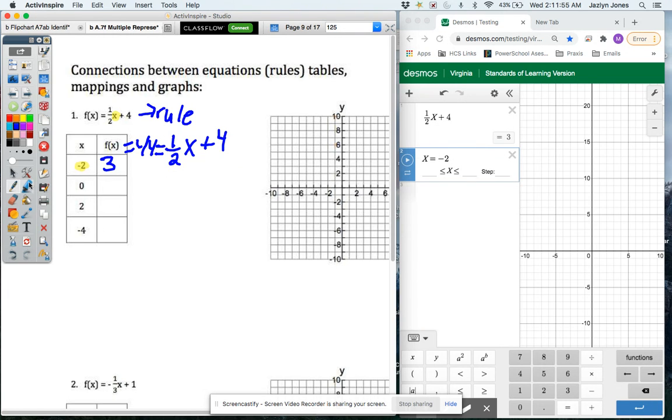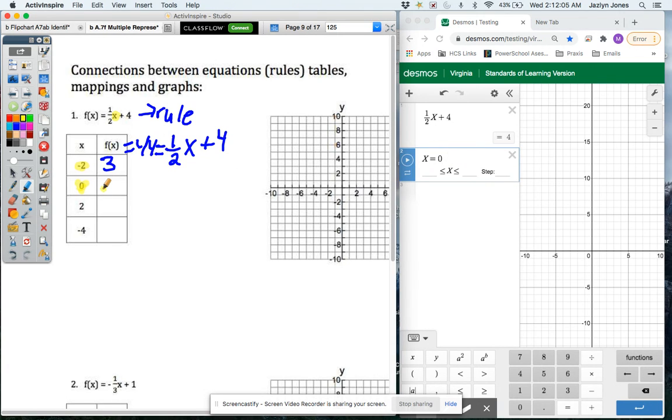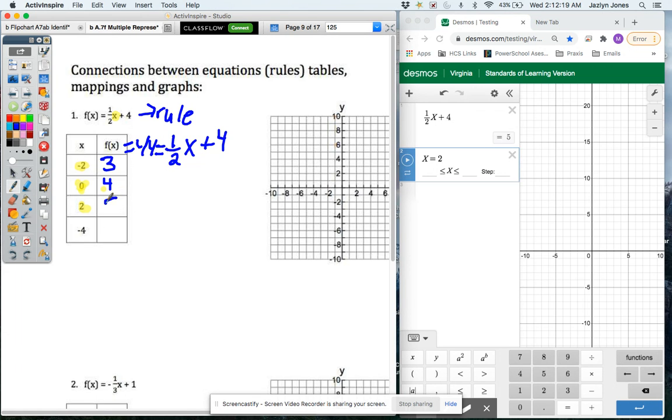Well, now I want to plug in a 0. Well, when I plugged in 0, I got a +4. So I'm going to go ahead and put 4. I want to plug in 2 now. So when I plugged in 2, I'm going to get a +5.